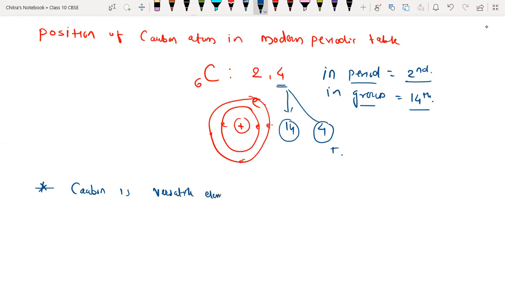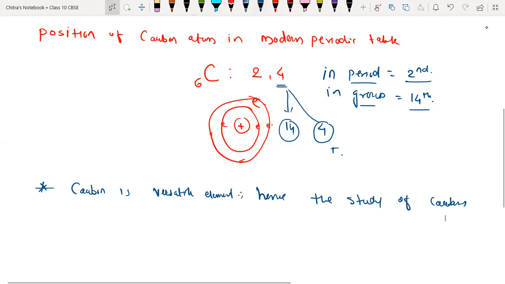Hence, the study of carbon has a separate branch in chemistry.